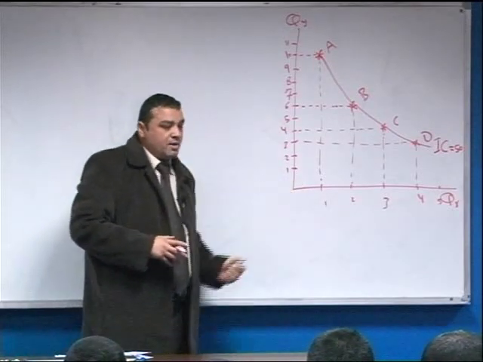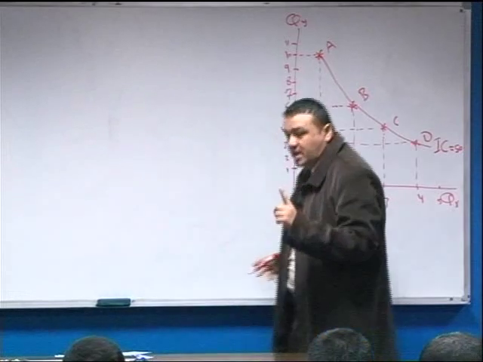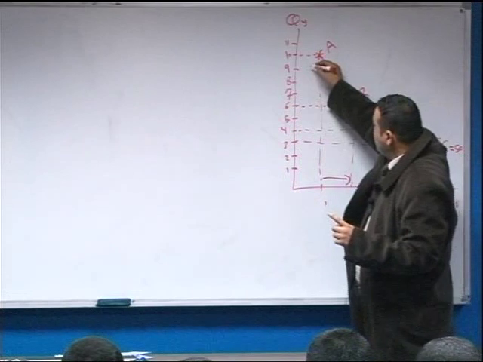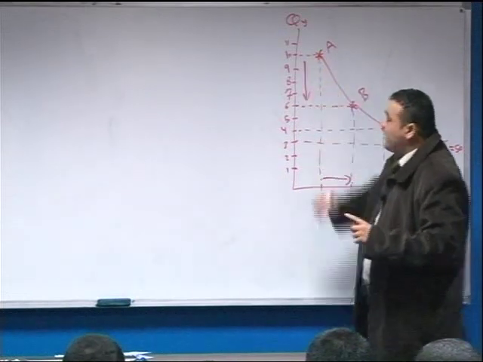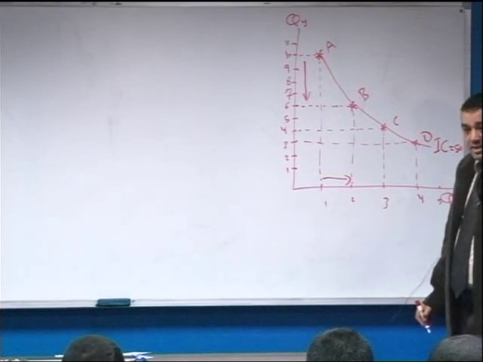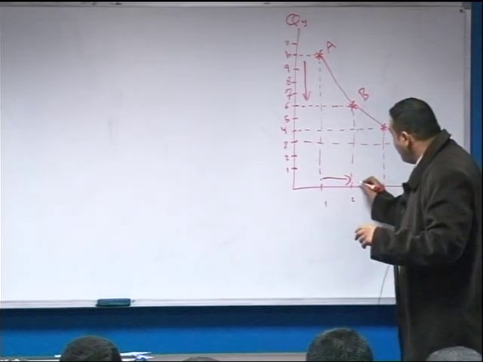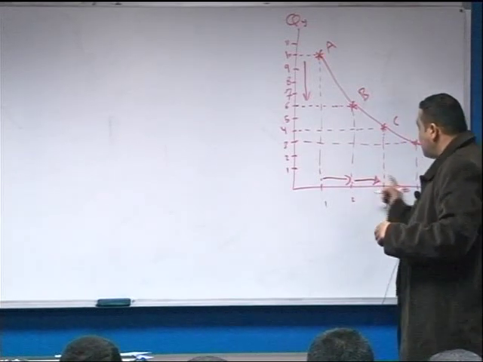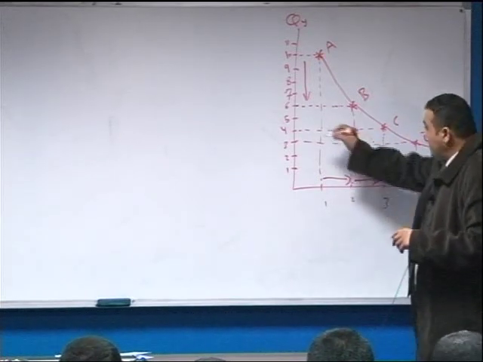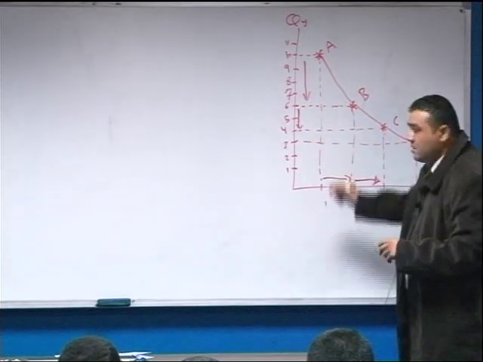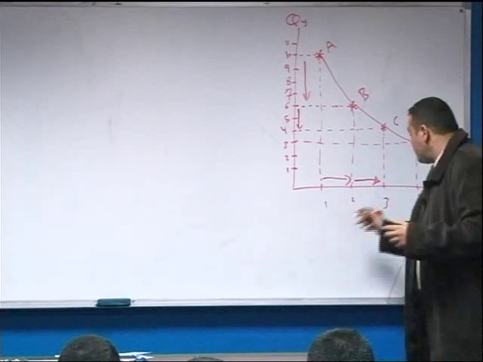As you see, if the consumer decided to increase his consumption of X by 1 unit, in the first case, there is a giving up of 4 units. Right? And then when he decided to add an additional unit from 2 to 3, he gave up 2 units, or the sacrifice.